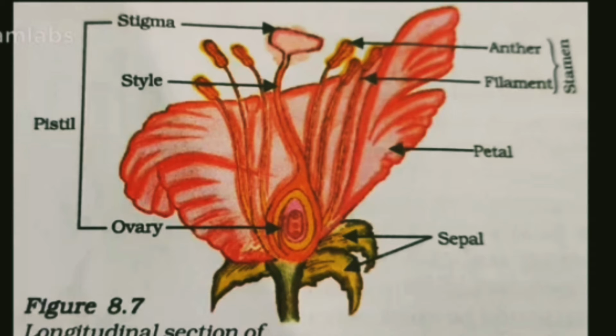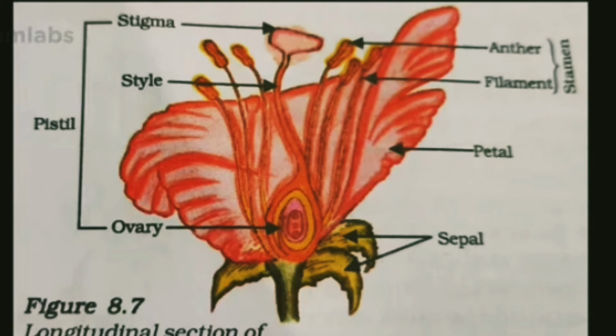Asexual in the sense producing identical new individuals, new individuals which are almost identical to the parents. Very little scope for variations.